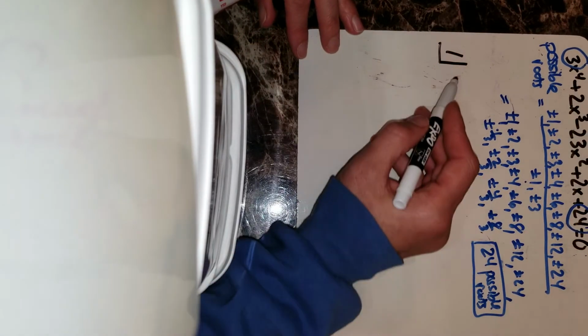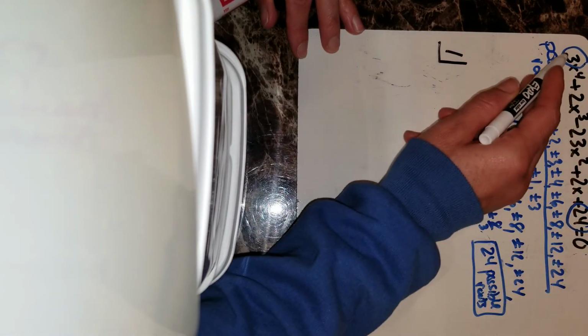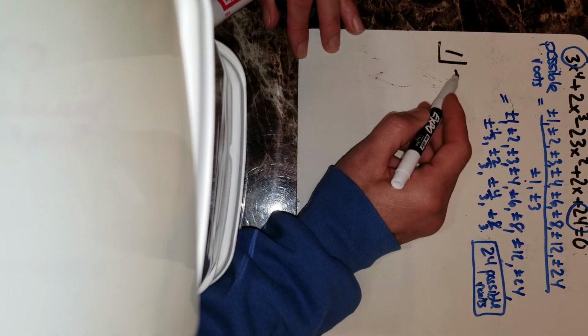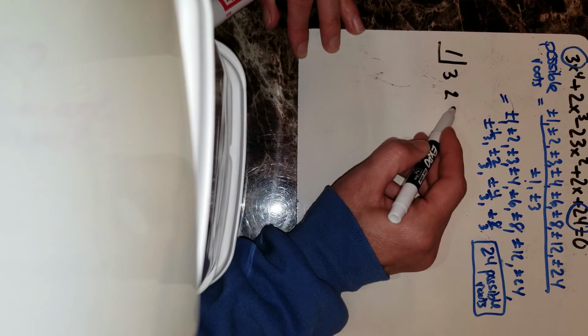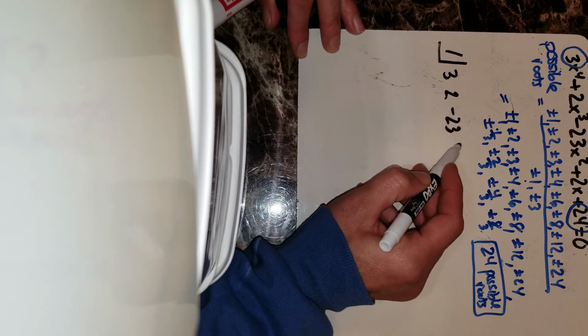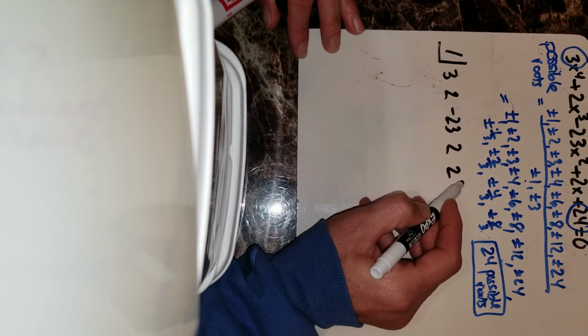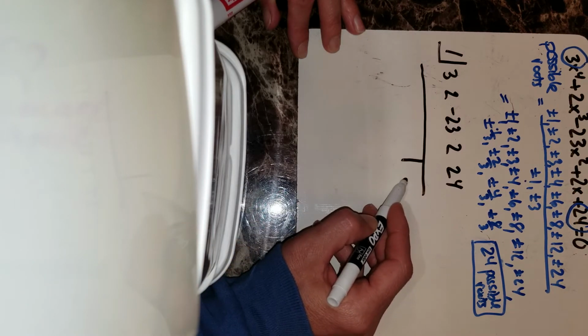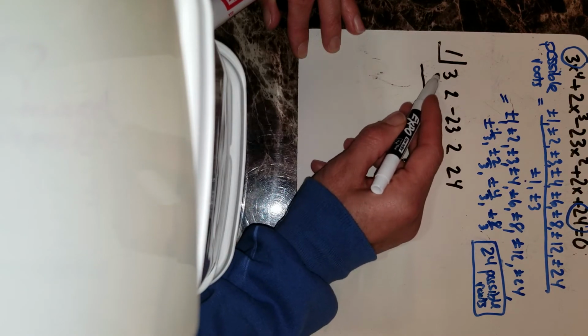Okay, so using this polynomial up here, 3, 2, negative 23, 2, and 24. Looking for a 0 remainder. If it's not 0, it doesn't work.